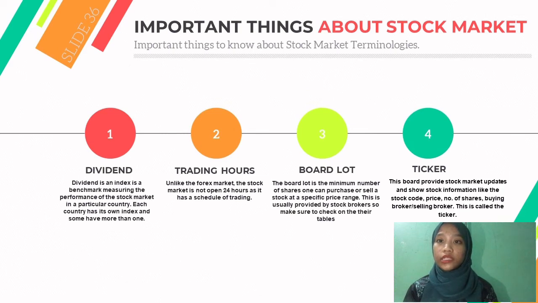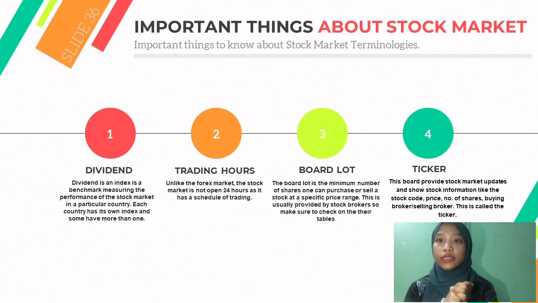Unlike the Forex market, the stock market is not open 24 hours in its trading schedule. Most stock markets are open 9 a.m. to 5 p.m. in their time. It is usually based on their office hours.